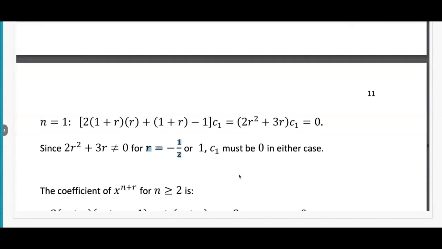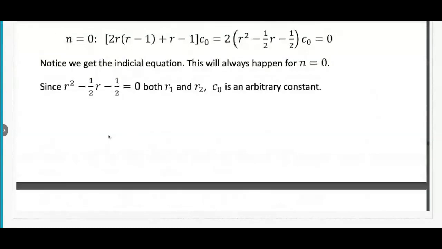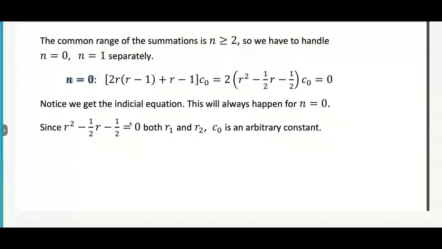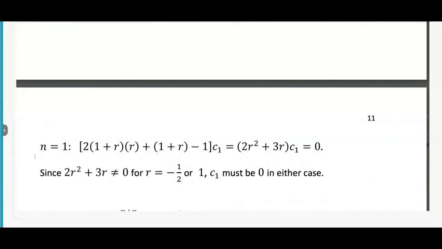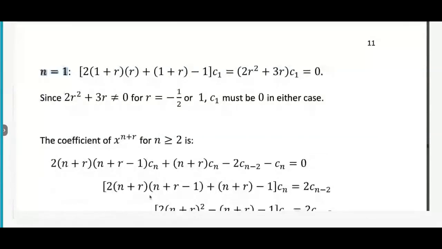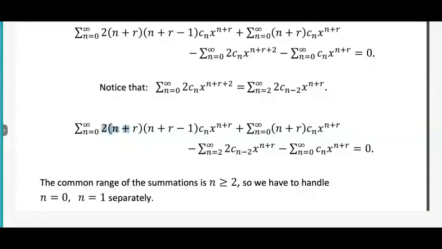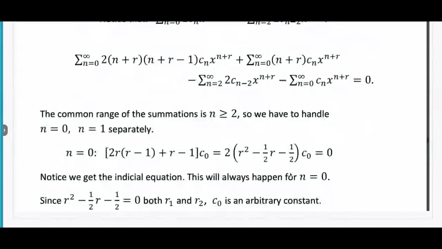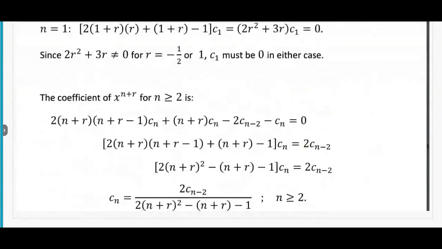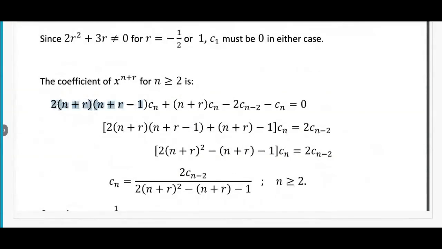Okay, so those two are special cases, right? When n equals 0, when n equals 1, now we can talk about n starting from 2. When n starts from 2, we just have this one plus this one minus this one minus this one, right?